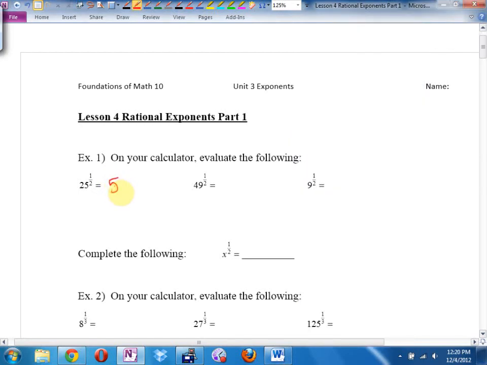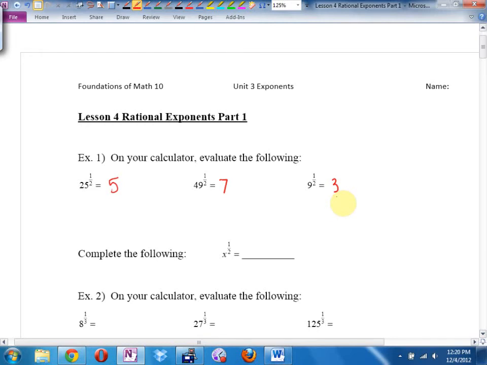Hey, what's 49 to the 1/2? What? 7. Did you try that, or did you spot a pattern and make a huge leap and conjecture? Just saw that 25 was 5, so 49. Can you make a prediction for me then, Karn? What do you think 9 to the 1/2 is without a calculator? 3.